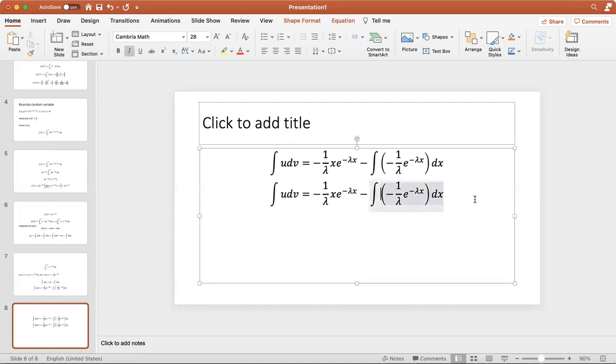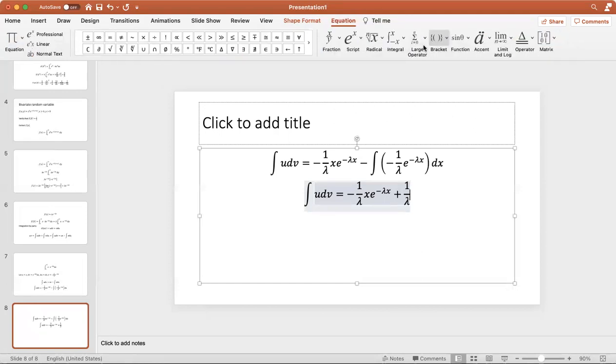So you have positive 1 over lambda, the integral of e raised to negative lambda x dx. However, again by inspection, this becomes negative 1 over lambda e raised to negative lambda x.